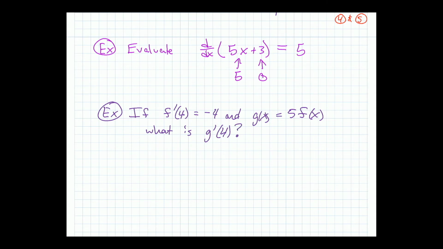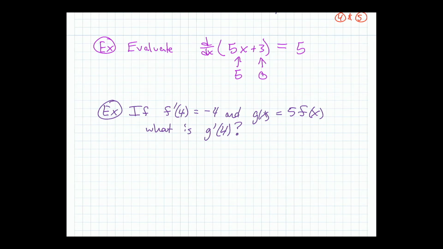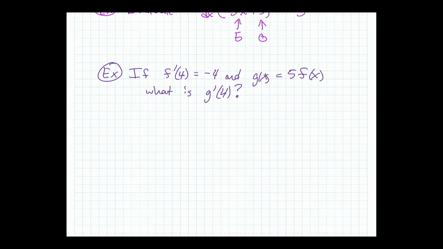All right, so you see what I mean about it being confusing because of too many symbols. So what you should do is say, well, what are we trying to calculate? Because that's what we should start with. We're trying to find g prime of 4. So let's write that down to start with. g prime of 4, right? This is what we want.